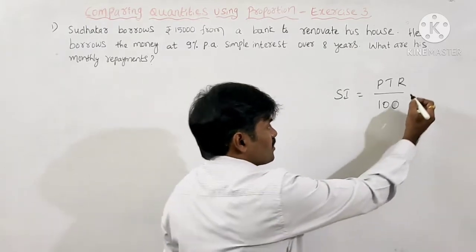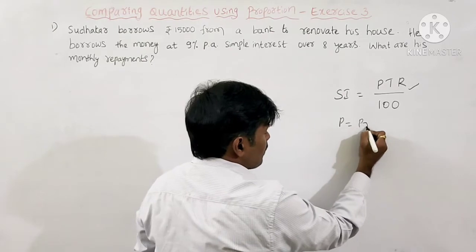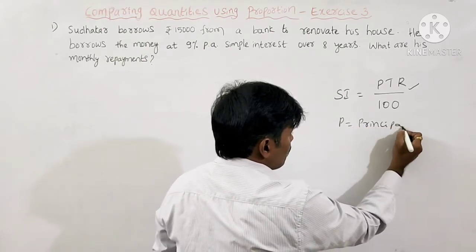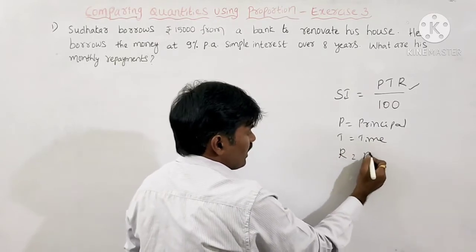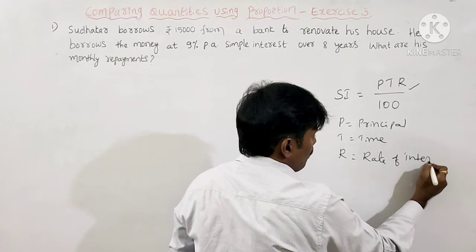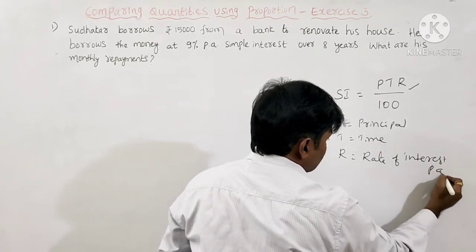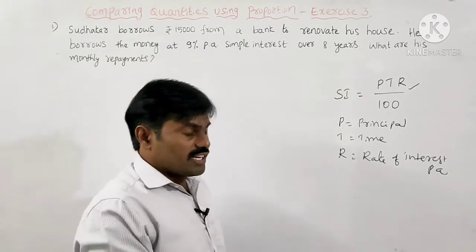Here you have clearly observed the rate of interest per annum. Okay, clear. Now what is the compound interest formula?